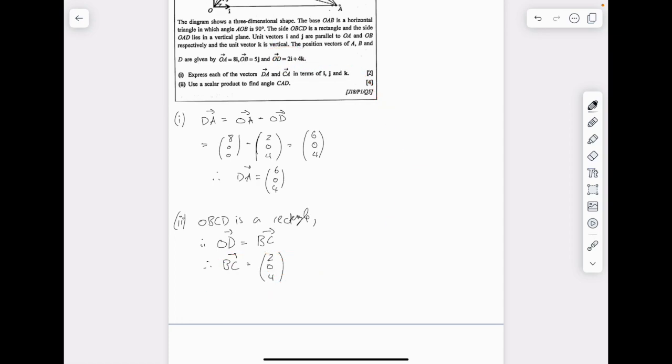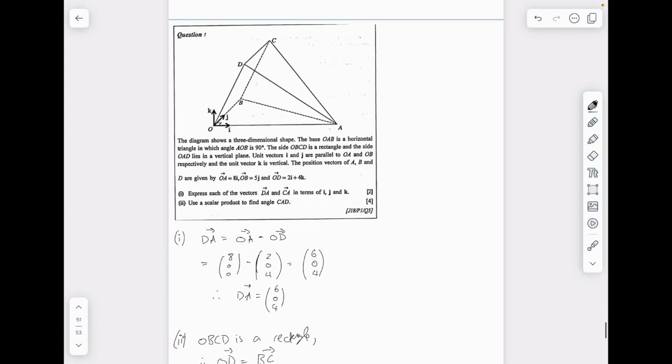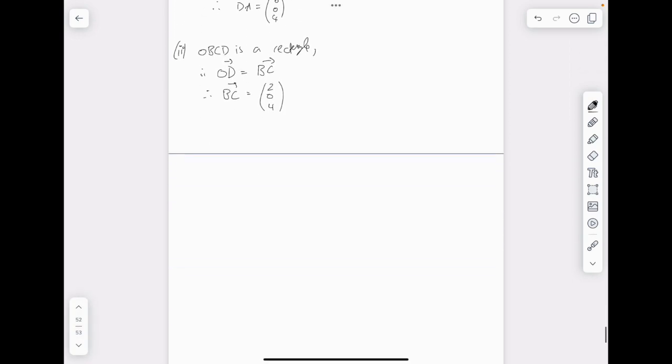So with that knowledge now, we can then say the following. We want to find OC, so we want to find this path up here.